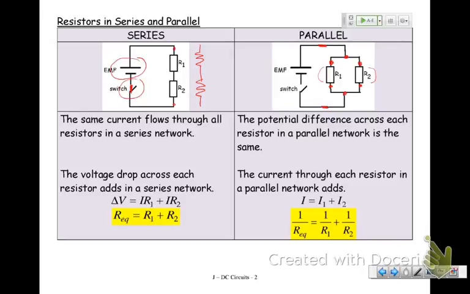It's really worthwhile going back and trying to visualize it as water flowing. Think of the battery as like a pump, think of the wires as big, fat pipes, and think of the resistors as little straws. That's where all the pressure drop takes place. So this is a water flow analogy for this circuit.